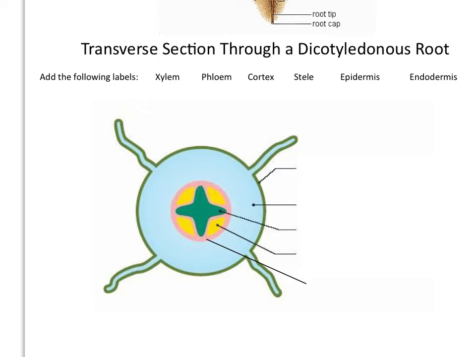So, what labels are we going to put on this? What are we looking at here? What is the outer layer called? From what you've been looking at in your notes, what's the top label there, the very outer layer called? Epidermis, okay? So let's add some labels here.